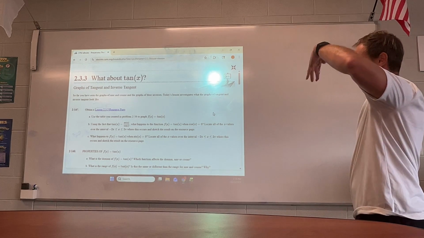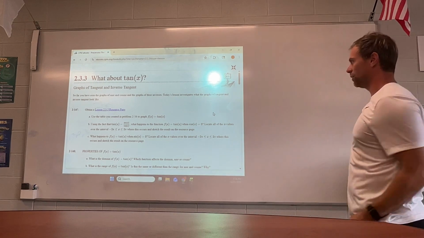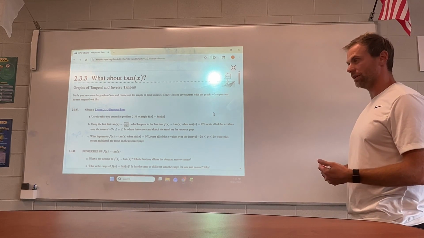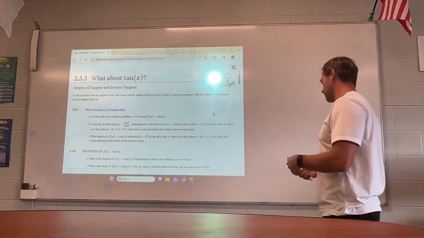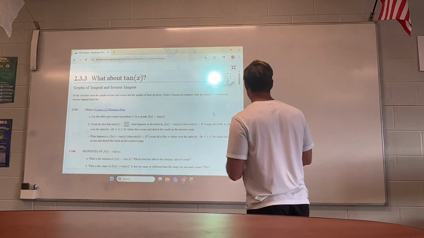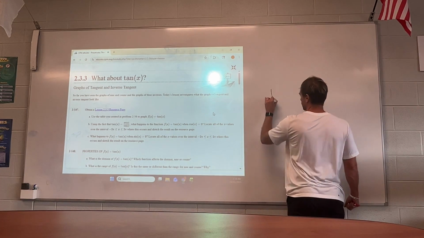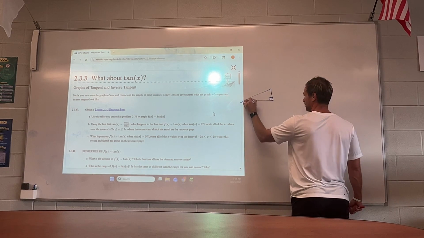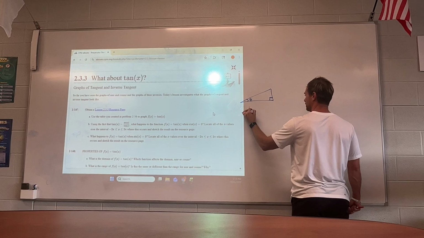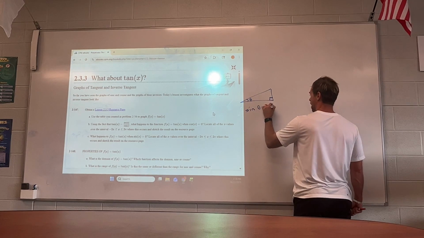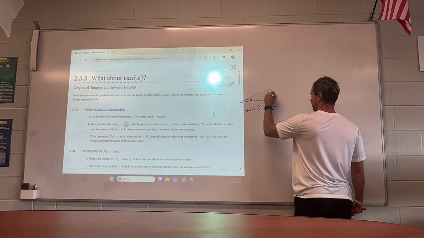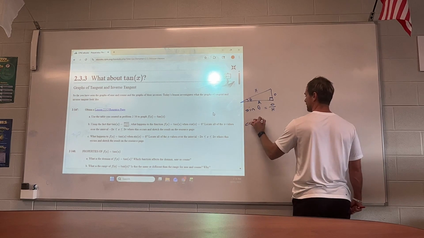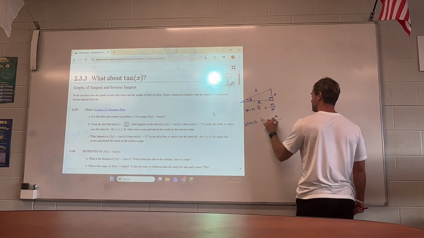Understanding what is tangent: tangent is sine over cosine. When we think about our triangle, we learned that sine is opposite over hypotenuse, and cosine is adjacent over hypotenuse.